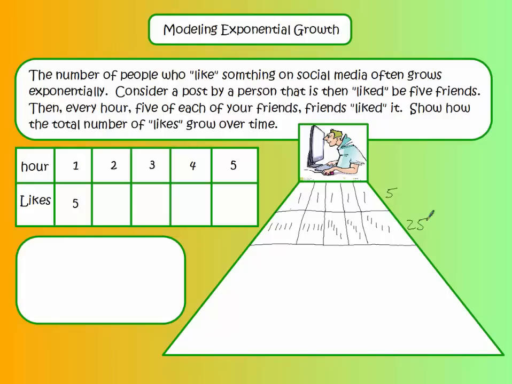All right, well, each one of those 5 people have 5 more people who like it. So I don't know if I could break each one of these into 5. Let's see if I can do it. And they all have 5.